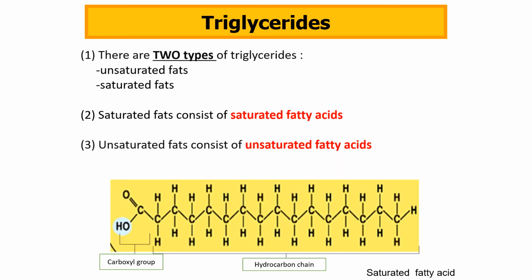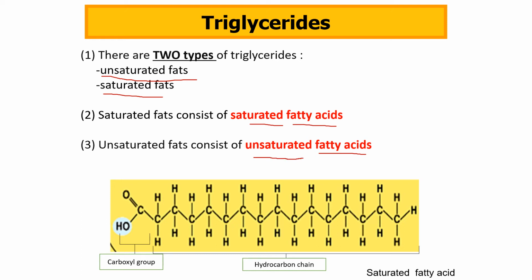Then there are two different types of triglycerides. Triglycerides can be divided into unsaturated fats or saturated fats, which is due to the fatty acids. So it is composed of either saturated fatty acids or unsaturated fatty acids.